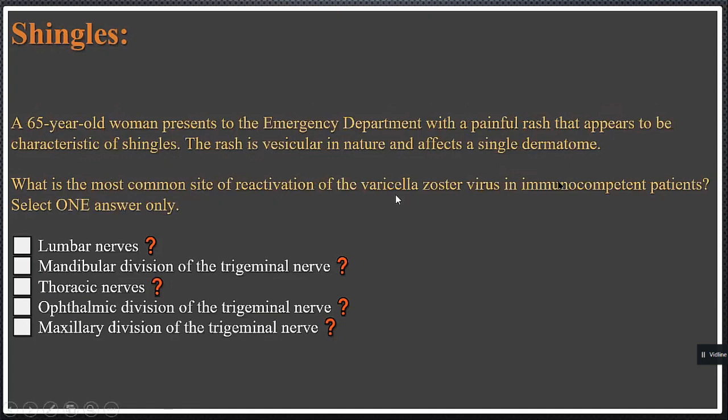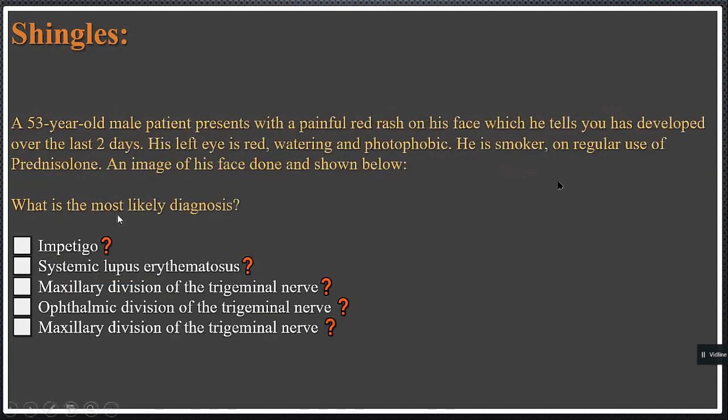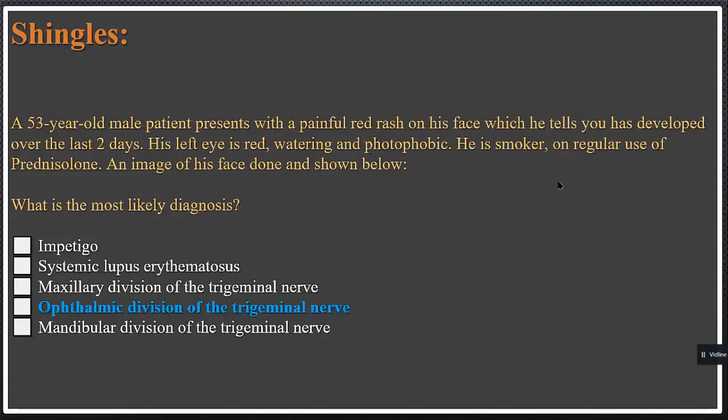Most common site of reactivation of varicella zoster virus is a thoracic nerve. Option C, thoracic nerve. Okay. Most likely diagnosis: ophthalmic division of the trigeminal nerve.